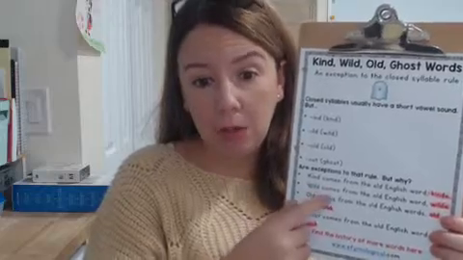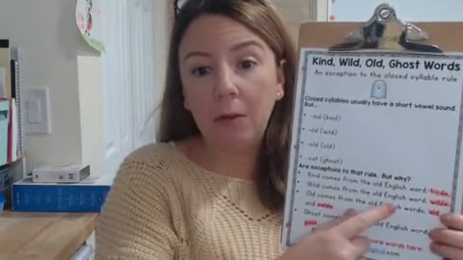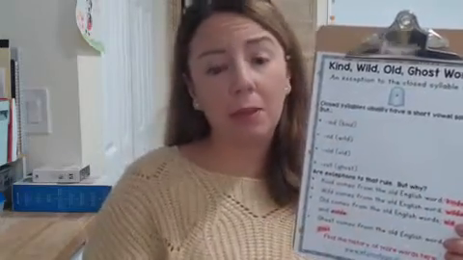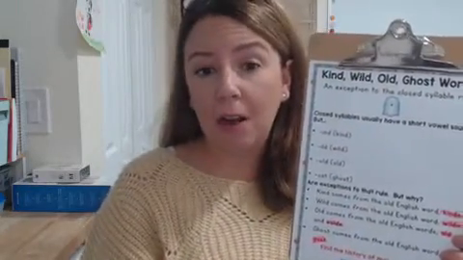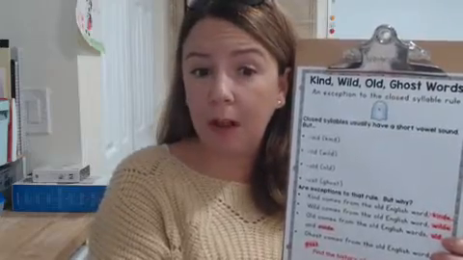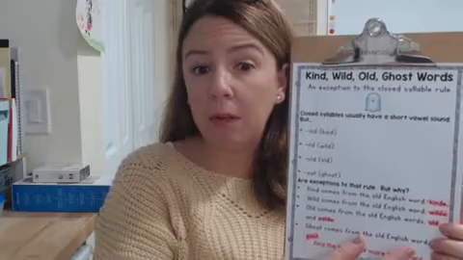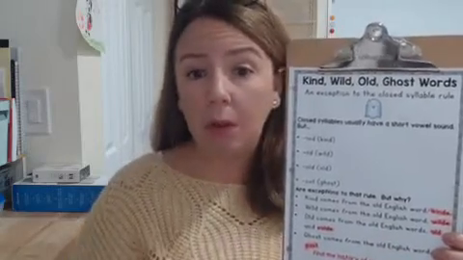WILD used to be spelled WILDE. So there were times where I explained to students at their developmentally appropriate level why there was an E for some of these words, but is no longer there.